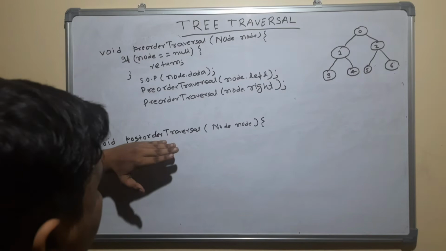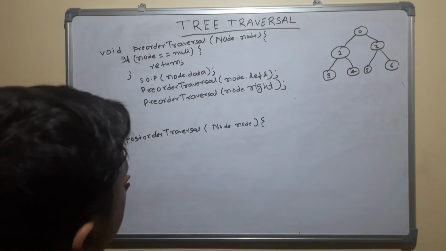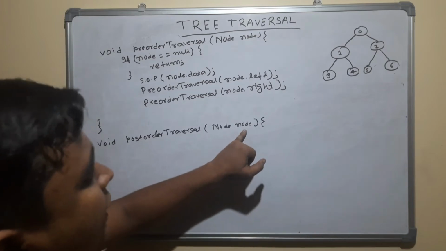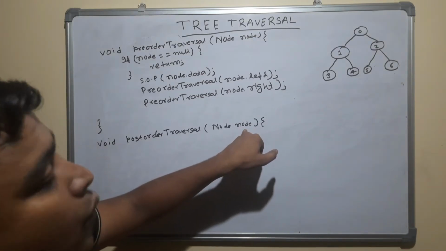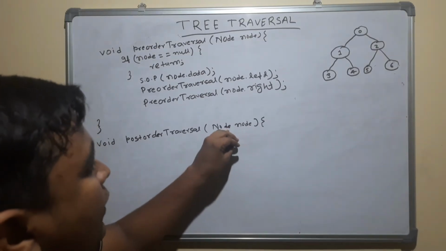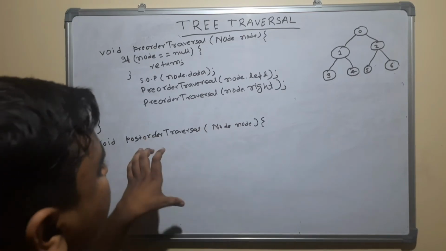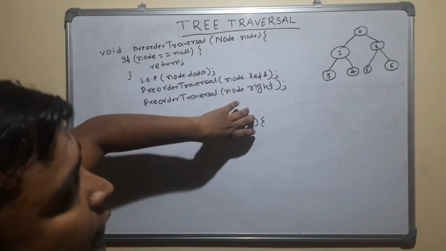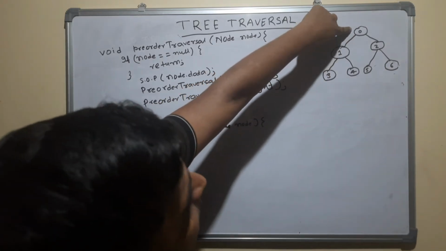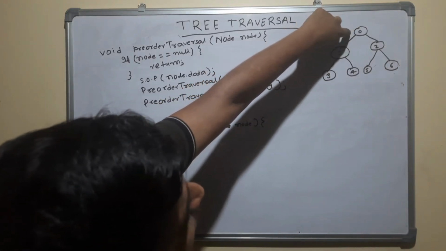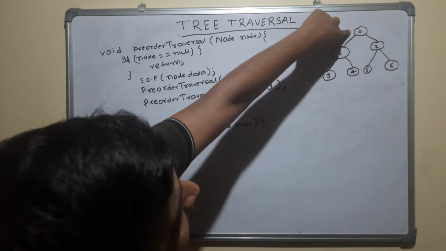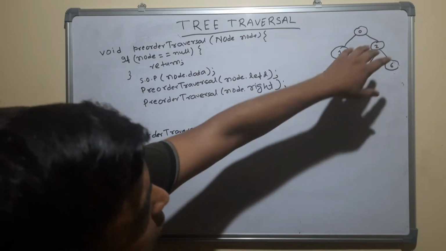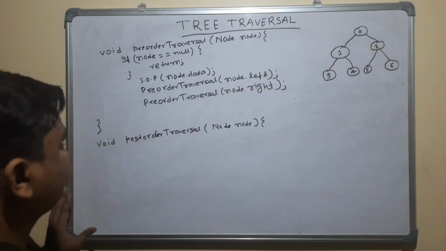It returns nothing, it just prints data. This node is basically the root. The first time I will provide the root, and it will do the traversal. When I use the function, I provide the root as the argument, and it will process all the nodes of the tree.